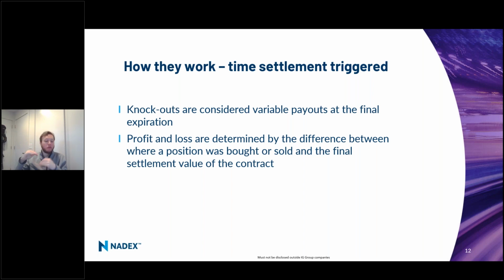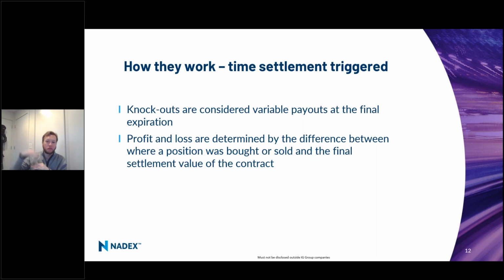So let's say a hypothetical oil contract, with oil trading around $60. You enter at 60, it's a $50 to $100 knockout contract, it goes up to 65. Well, you're going to get a 5-point payout on the knockout contract at the end of the time.